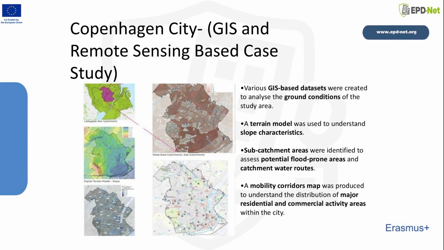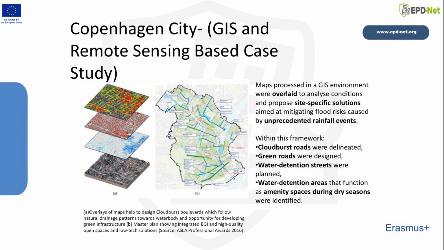In addition, a mobility corridors map was produced to identify major residential and commercial activity areas, ensuring that flood risk assessment was directly linked to daily urban functions and critical infrastructures. Maps processed in a GIS environment were overlaid to analyze conditions and develop site-specific solutions aimed at reducing flood risks caused by extreme rainfall events.